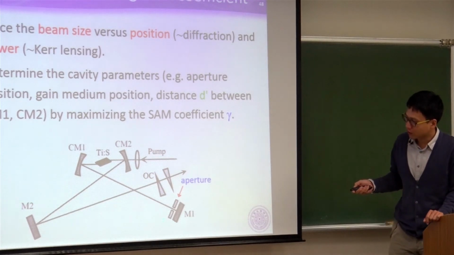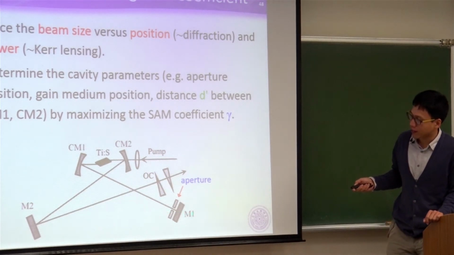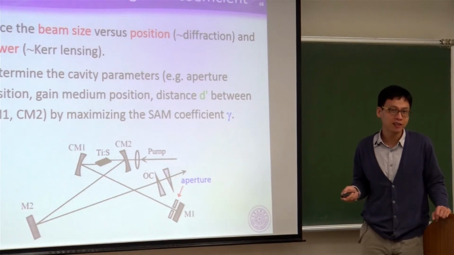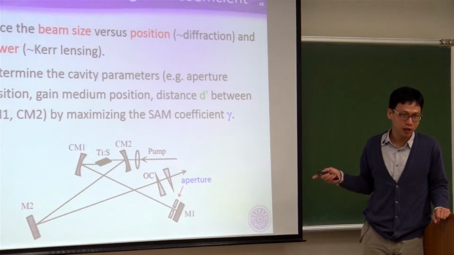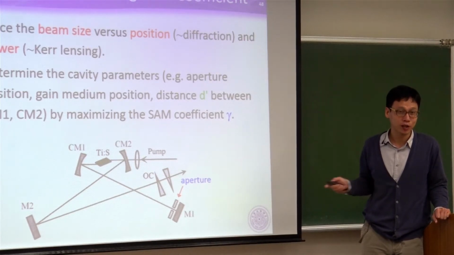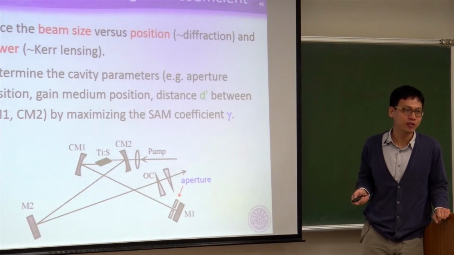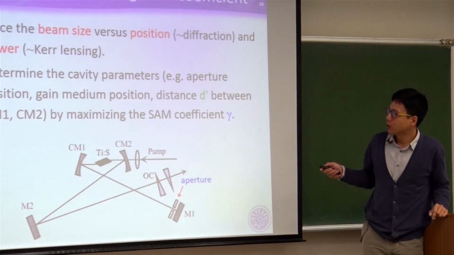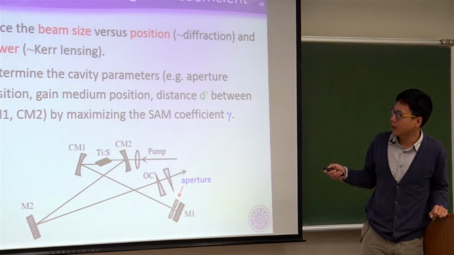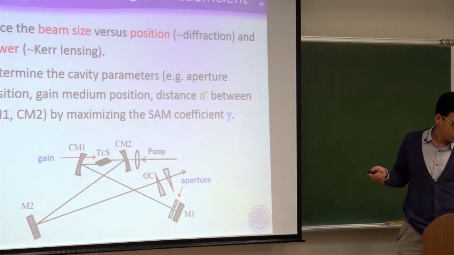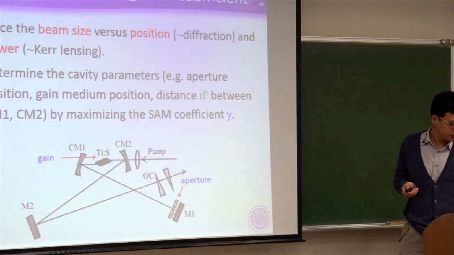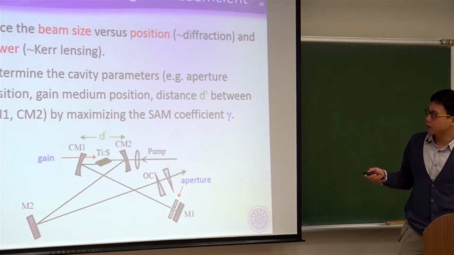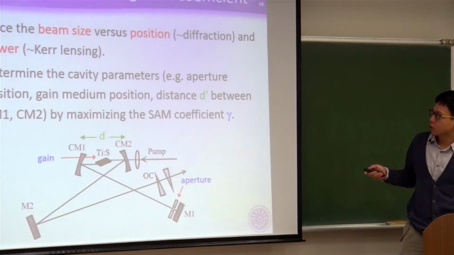Here, it seems that the aperture is placed next to the planar mirror M1. In the future, we will demonstrate why it has to be so. I will tell you why, there is a reason, it's not placed randomly. Okay. You have to determine the gain medium position, which means where to place this disulfide crystal. Okay. You have to determine the distance d prime between the two curved mirrors.